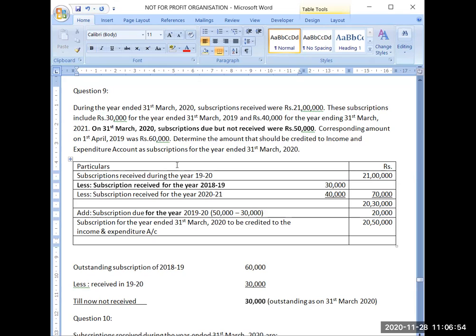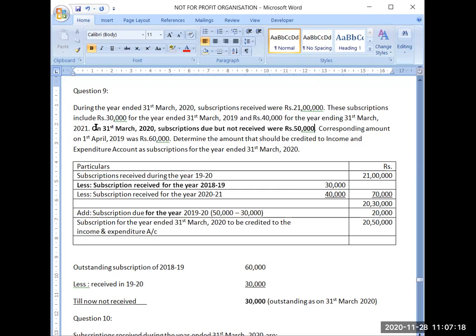But you have to be careful for this sentence in every question, that what amount is due for the current year. If it is saying for the year 31st March 2020, subscriptions due but not received for rupees 50,000, then this 50,000 would have been the current year outstanding subscription only.